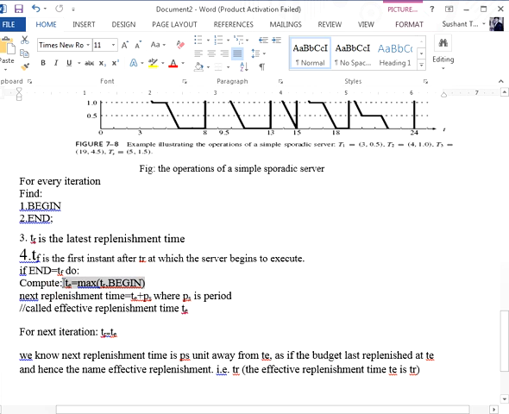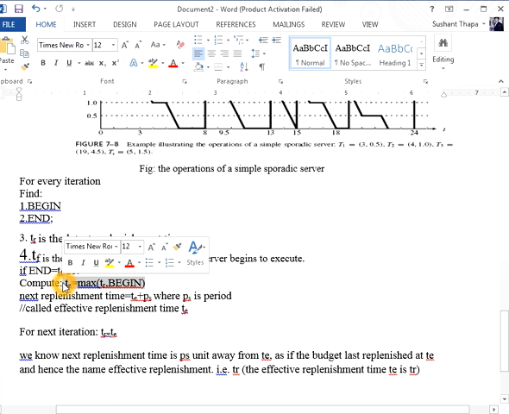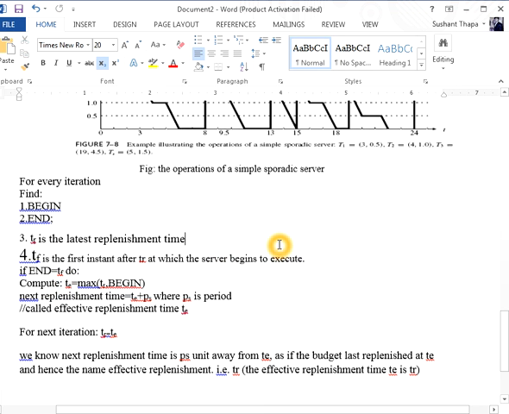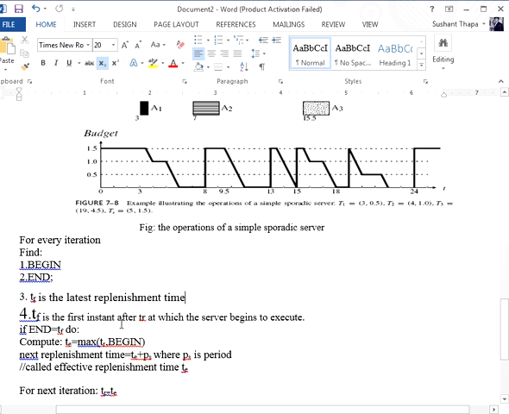You can see it in the book at page number 220. It is already given there. Following that, we calculate TE. Now TR is 0, begin is 3, so our TE will be 3, and the next replenishment time will be 8.